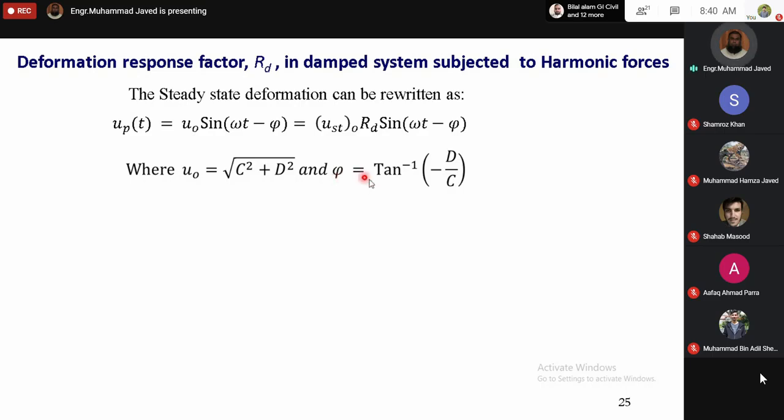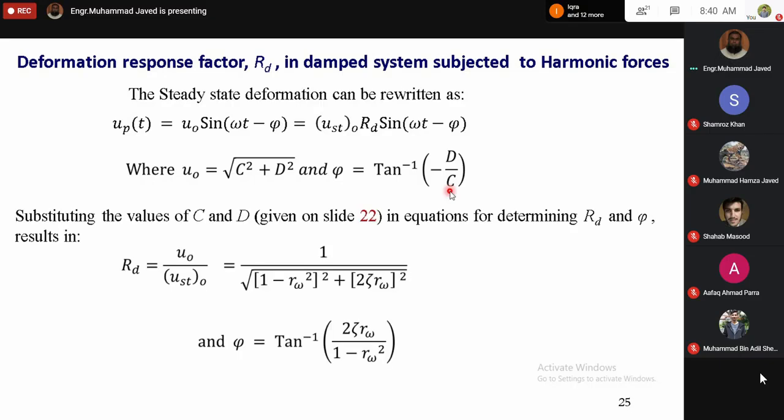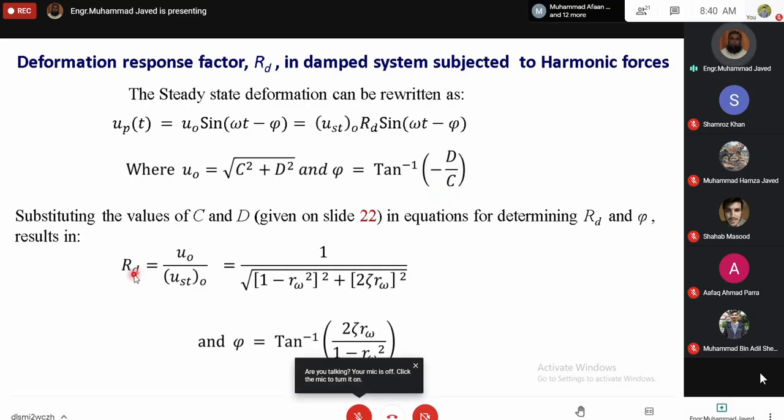Similarly, phase angle can also be calculated by using those values of C and D. Now, if we substitute the value of C and D provided on slide number 22 in the equation for calculating deformation response factor, and then we simplify, we finally get this equation.